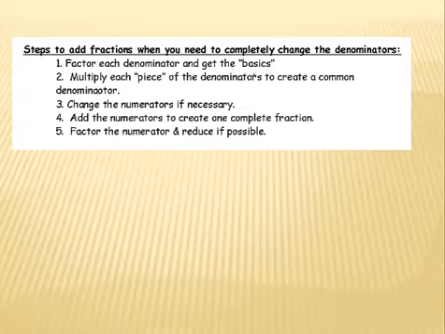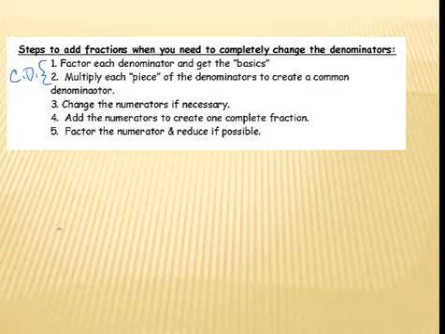Multiply each piece of the denominators to create a common denominator. So it's going to take you two steps just to get a common denominator. Once you get that, you're going to have to change the numerators, and I can't tell you what to change them to until you actually see the denominator. The denominator drives what the new numerators will become.